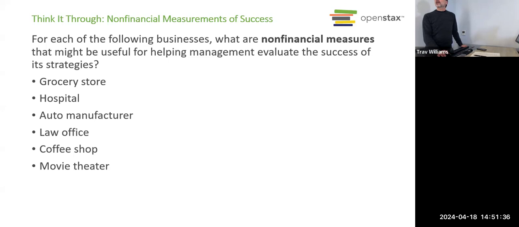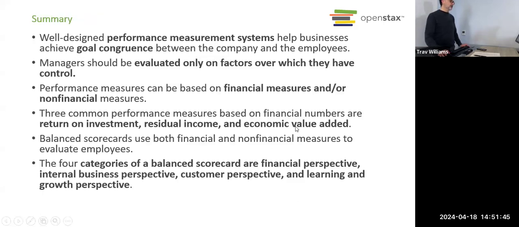that is part of managerial accounting, right? Most of what we've done this semester dealt with costs, which are financial, but some aspects of managerial accounting are not financial. So let's review what we have covered this chapter. We've been talking about performance measurement systems, how the goal of the individual, whether it's a manager or an employee, should be congruent with the goals of the organization, right? So whatever they are incentivized to do actually benefits the company.